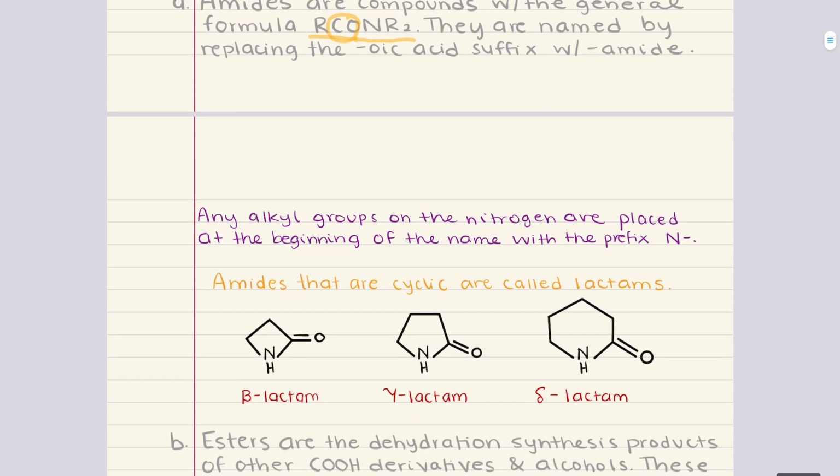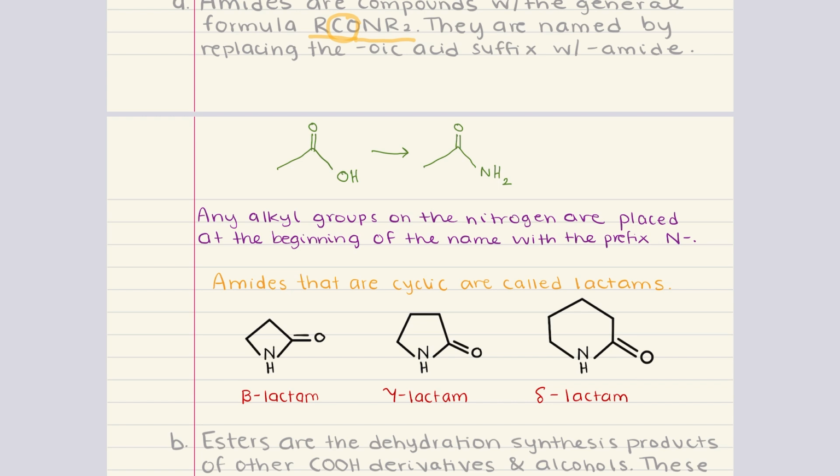When naming an amide systematically, we start by naming the parent carboxylic acid, and then we replace the oic acid ending with amide. For example, if we begin with ethanoic acid, a 2-carbon carboxylic acid, and convert it into an amide, the resulting compound is named ethanamide.